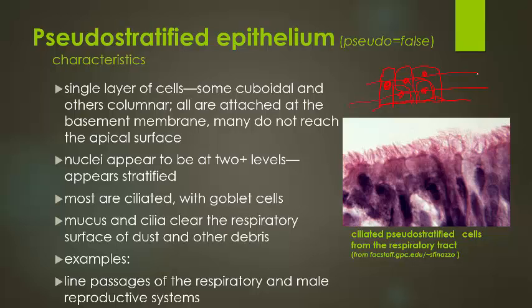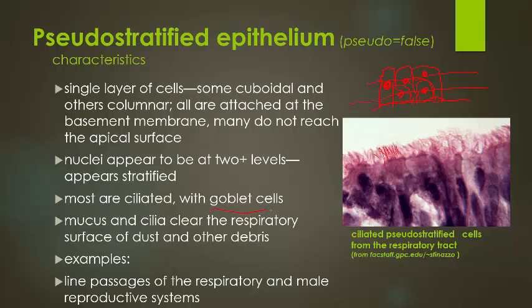Most pseudostratified epithelia are ciliated, and here you can see very clearly the cilia decorate the apical surface of the cell, and so those cilia can beat and move mucus usually along the surface.